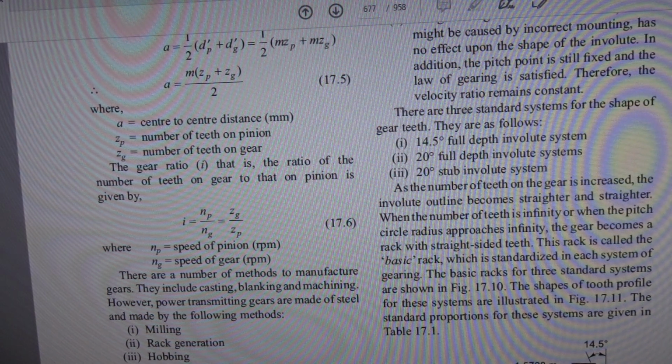The rack is called the basic rack, which is standardized in each system of gearing. The basic rack of the three standard systems is shown in the figure.